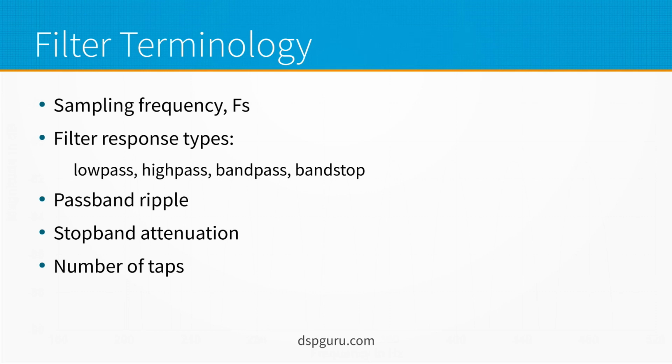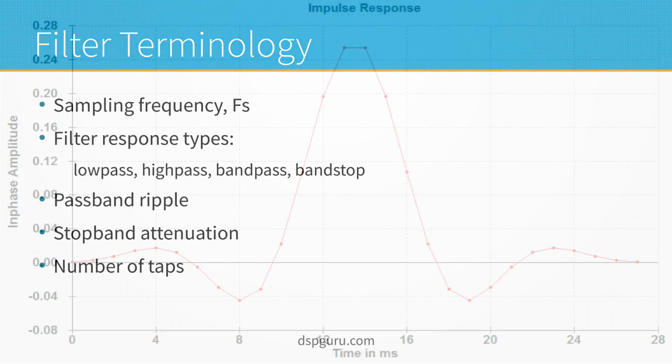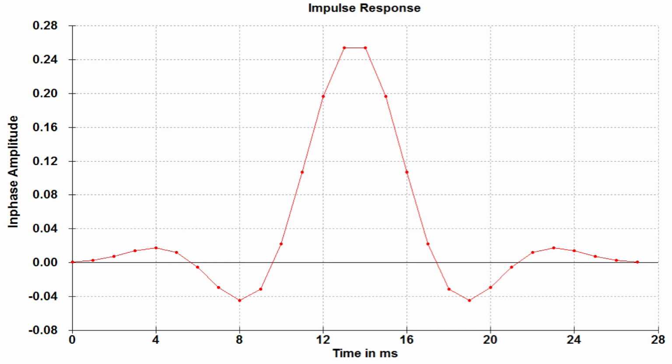Taps, if you're not familiar with it, amounts to the number of coefficients that a filter has, fundamentally, usually the same as the number of memory elements, although that isn't always the case. In simplest terms, that amounts to how much computation does the filter require for each input sample, and also how much memory is involved. So basically, the fewer taps the better.